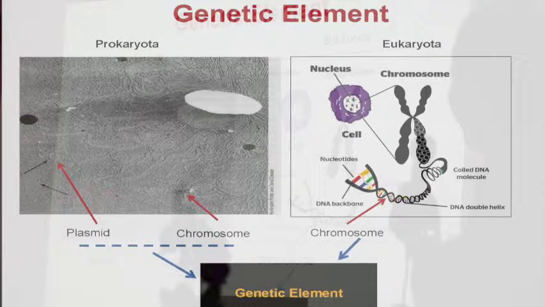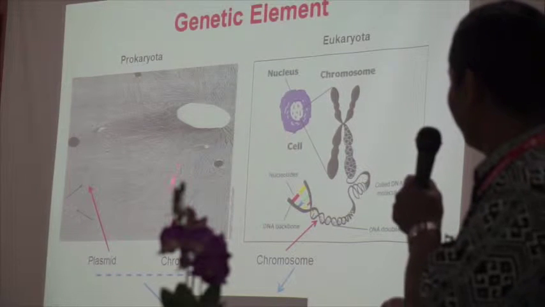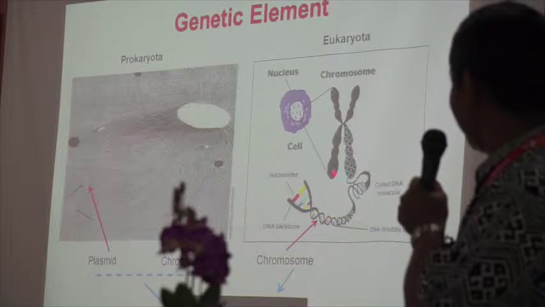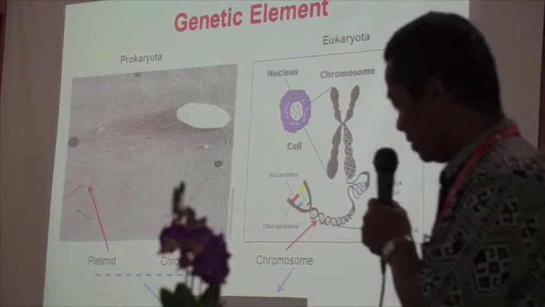Another thing here is the small circular DNA that we call plasmid. We will do our exercise maybe using this kind of plasmid, I mean the genetic element. But it is a very long chain, of course, also in the eukaryotic case, a very long chain of DNA. The main genetic element in the eukaryotic cell is chromosomal.